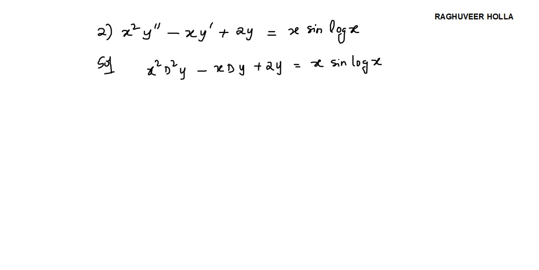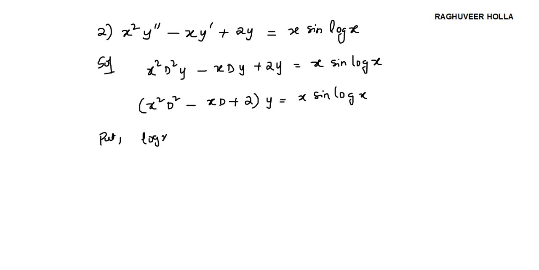And now let us write this: (x square D square minus xD plus 2) into y is equal to x sine log x, right? Now let us put log x as z, so you will have x is equal to e to the power of z.